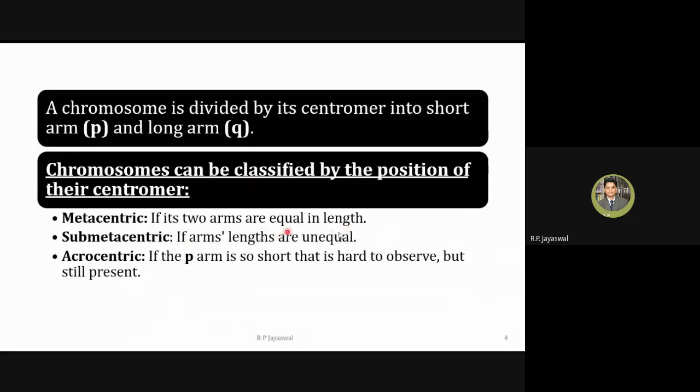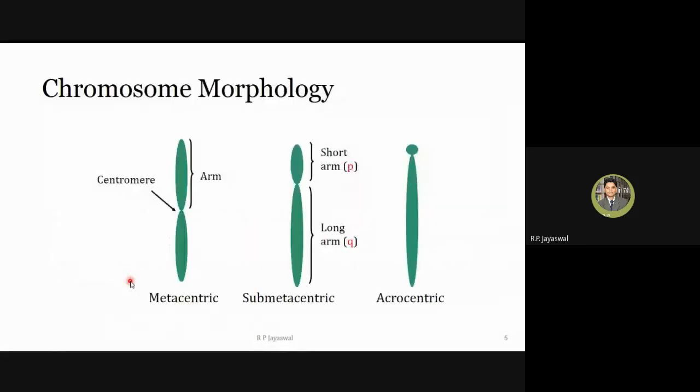And acrocentric: where the P arm is so short that it is hard to observe but still present, right? And telocentric, I have not written here. In telocentric, there is no P arm actually. So I have presented here three types of chromosomes based on the location of the centromere.